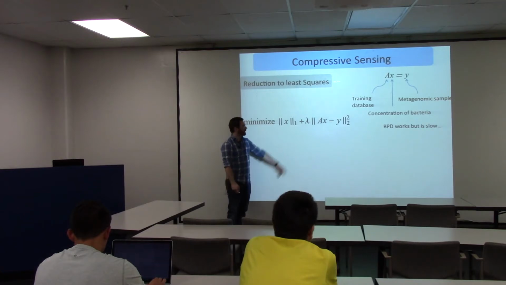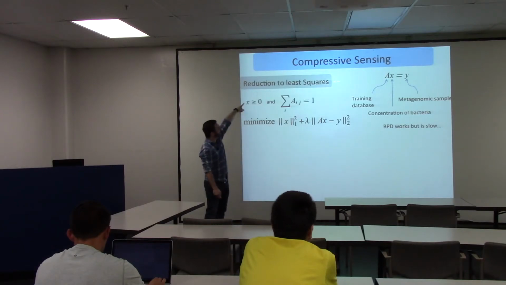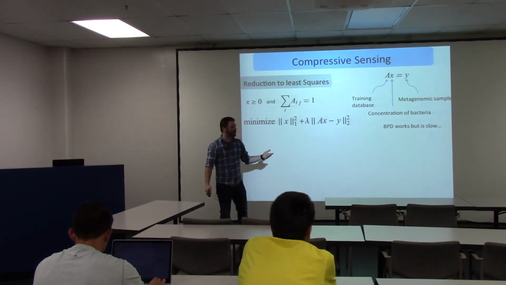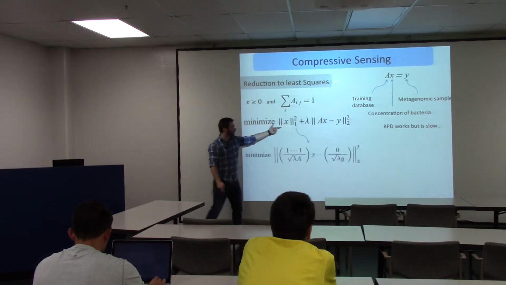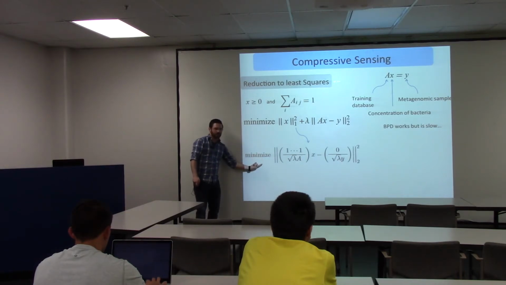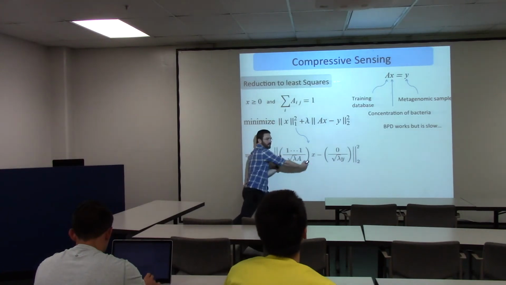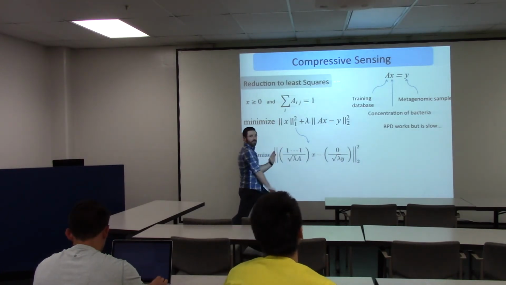What happens if instead of the L1 norm, we just stick a square right on top? Then, due to the properties of the vector that we're trying to reconstruct being non-negative, and the sums of the columns of this A being 1, or bounded by a constant, you can take this and reduce it to this. So this is exactly mathematically equivalent to that. This right here is a matrix where the first row is all 1s.